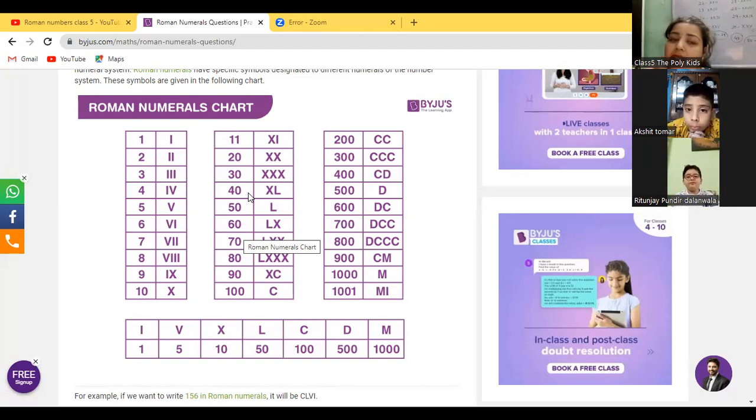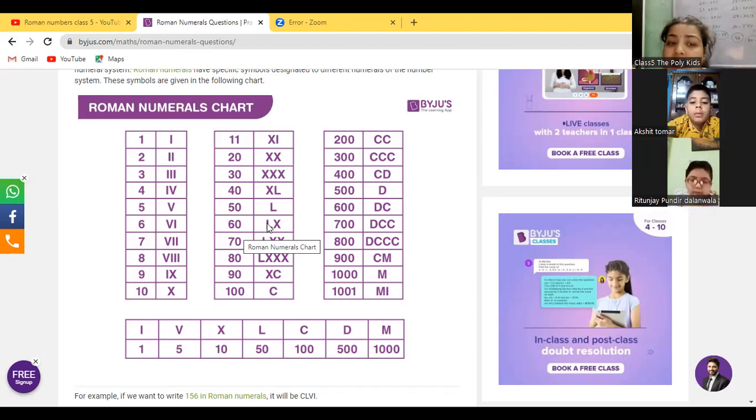Whenever we are writing minus 10, minus 100, minus 1, the number we are subtracting will be in front, and the bigger number will be at the end. 40 is 50 minus 10. The symbol of 50 is L and the symbol of 10 is X. So X in front and L is XL.